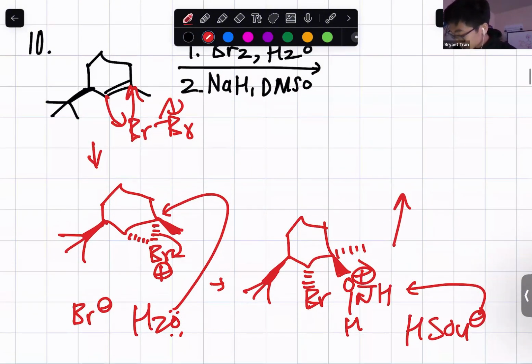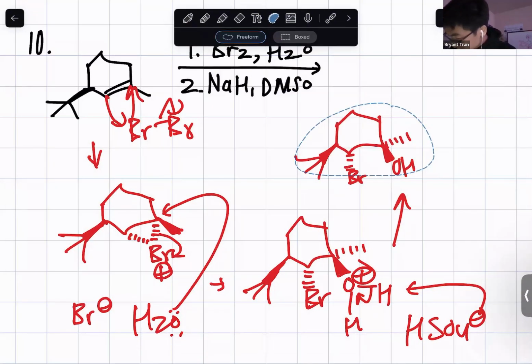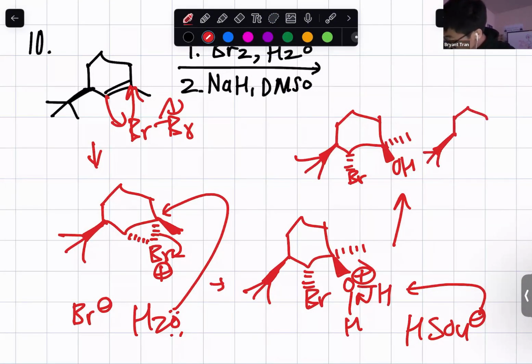You could use H2O as well to deprotonate it for the mechanism, giving us this major product here. And we cannot do plus minus because of that pre-existing chiral center at the tertiary carbon. So if I draw out the other product, we can only flip the 2 carbons, which were the alkene carbons right here, like that.